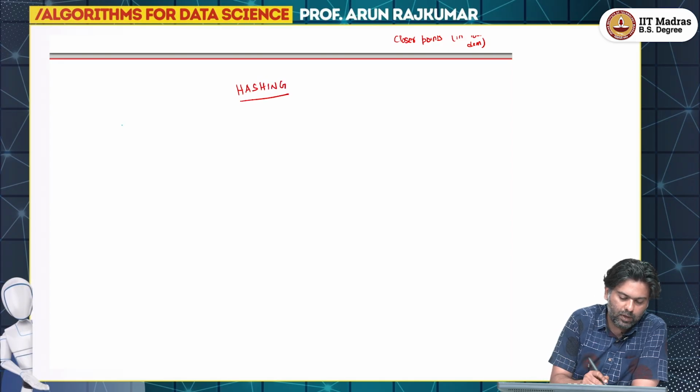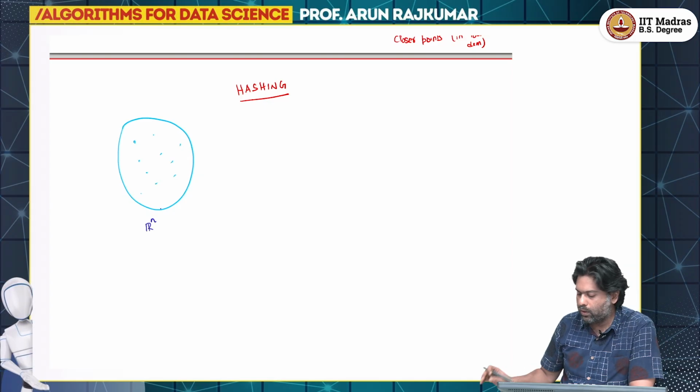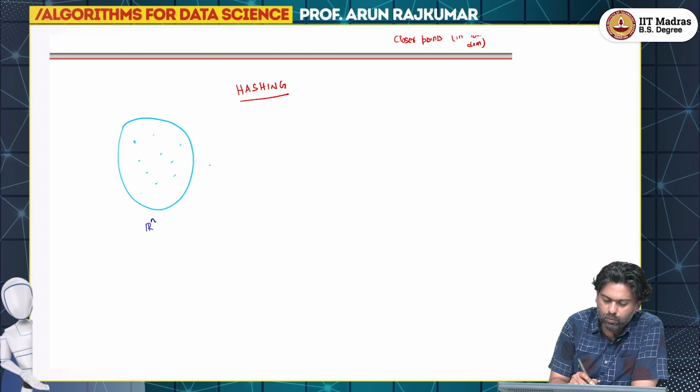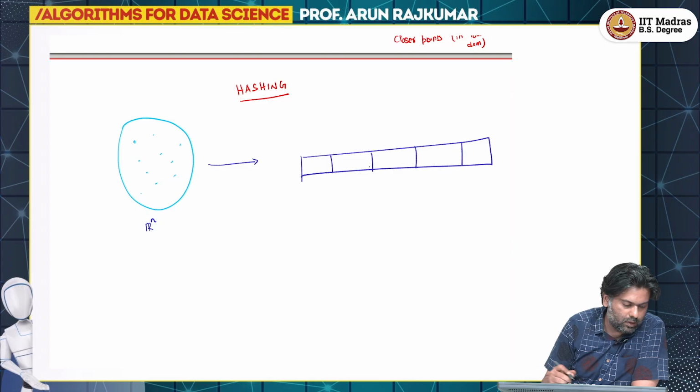You have again these n points in high dimension, in R^n, and what we are going to do is assign buckets to these n points, right. Call these a finite number of buckets.